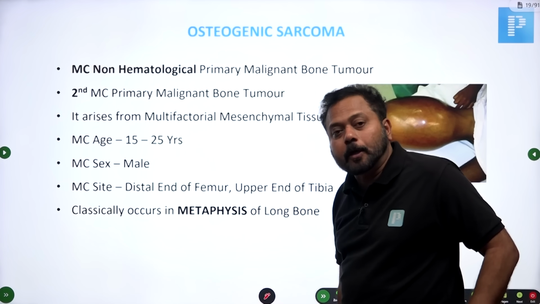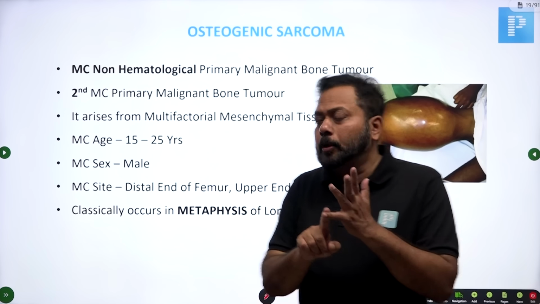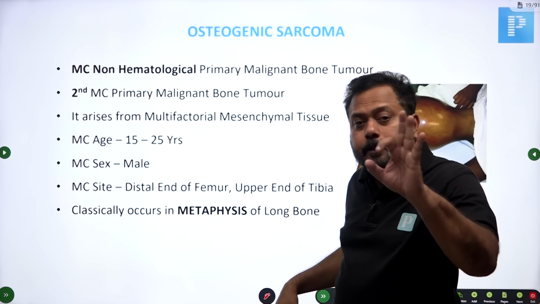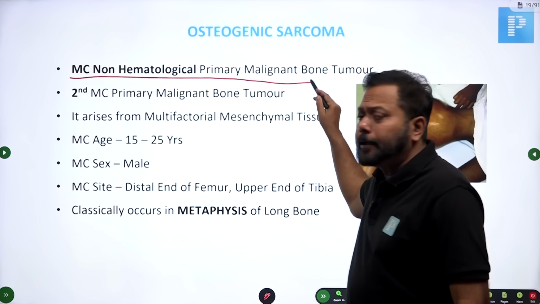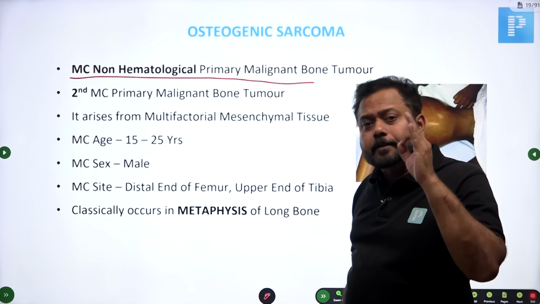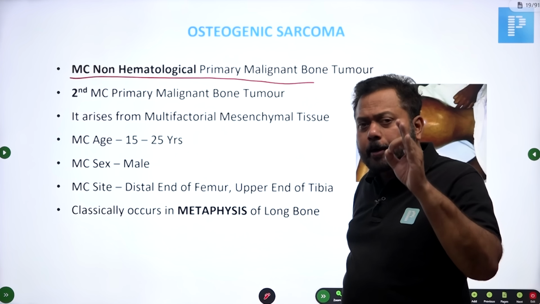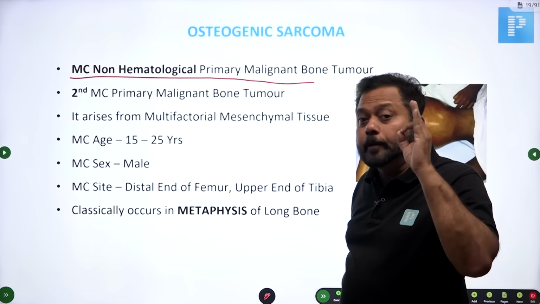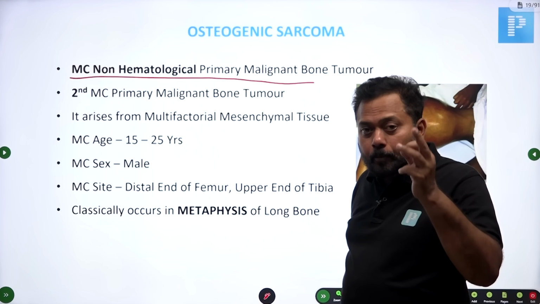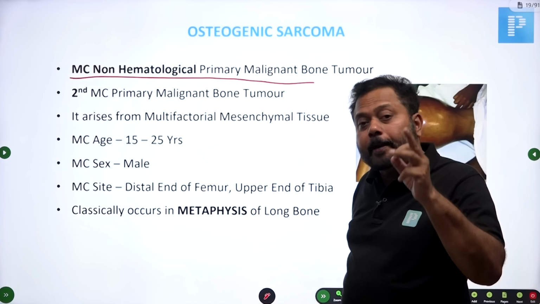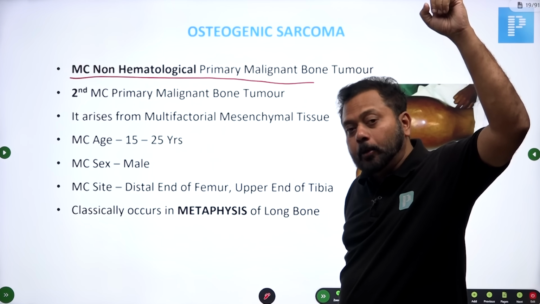So osteogenic sarcoma, what are the points they repeatedly ask? Most common non-hematological, okay, I have stressed this point 100 times. If they ask a question, most common primary malignant tumor of the bone, please focus your fullest attention. Most common primary malignant bone tumor, the answer is multiple myeloma.